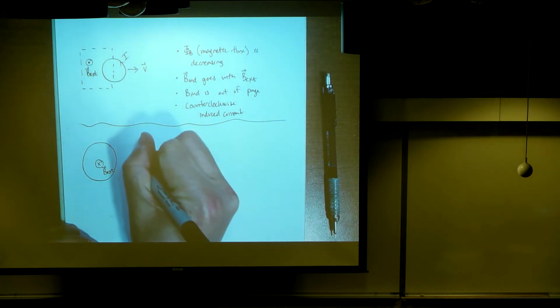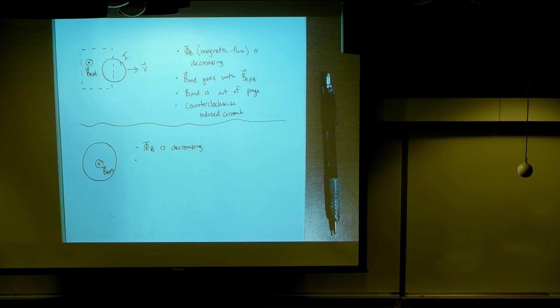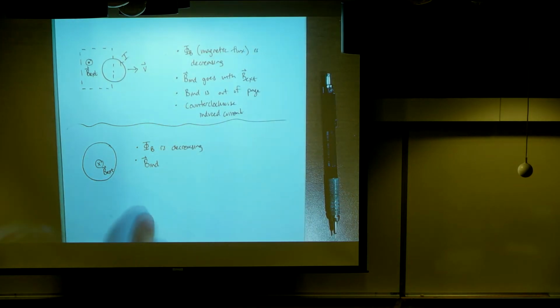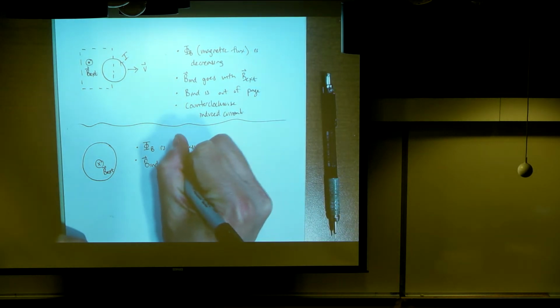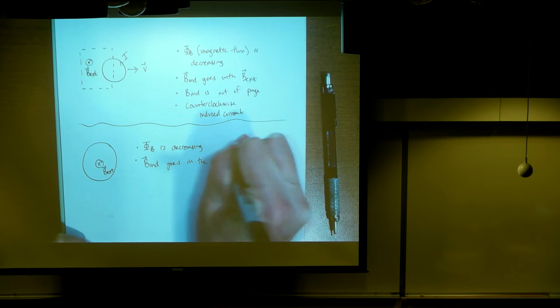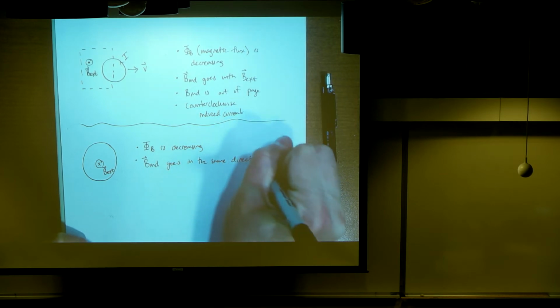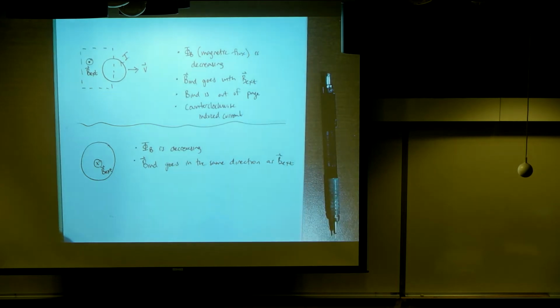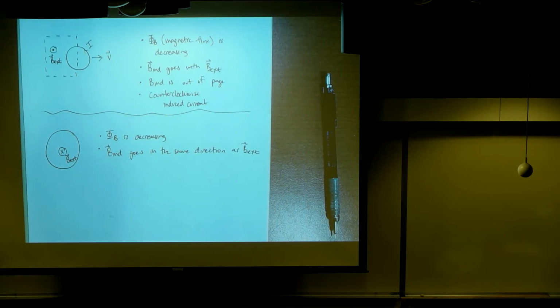Now, when we have a situation where flux is decreasing, the induced field, does it go with or against the external field? Yeah, it has to go in the same direction as the external field in order to oppose the change in flux. That's what has to happen.